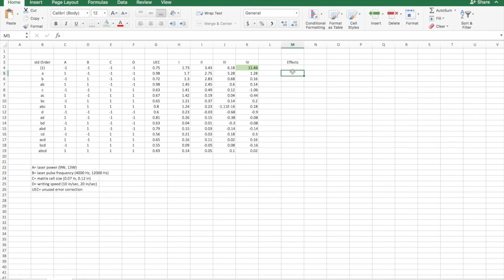So the effects equal the contrast over the number of replicates, which is 1, times 0.5 to the 4, because 4 is the number of factors, not replicates.